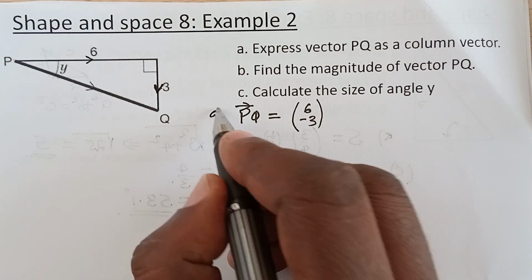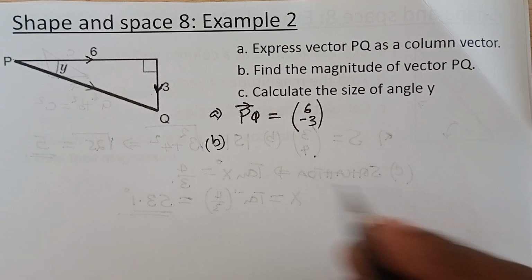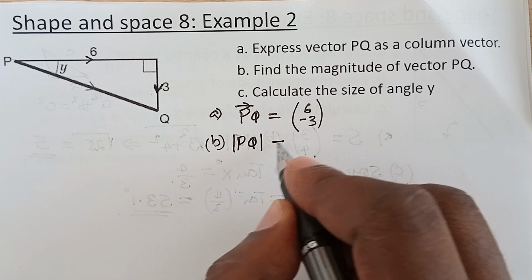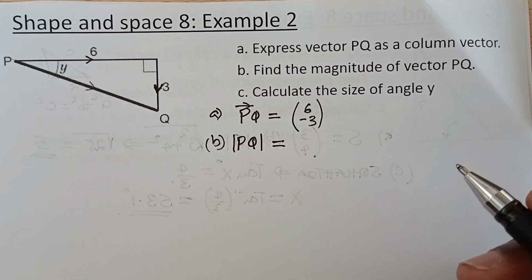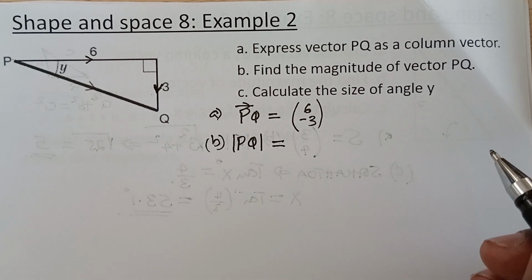That is part A. And then part B: find the magnitude, or rather the size, of the vector PQ. Just like we have done in example 1, we now need to employ the Pythagoras theorem.